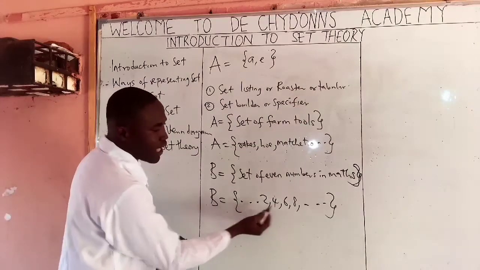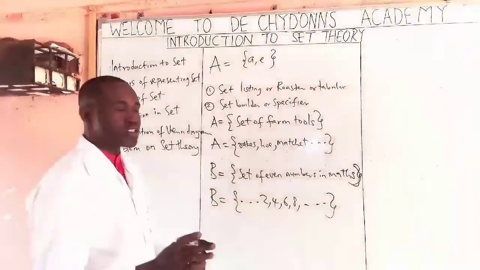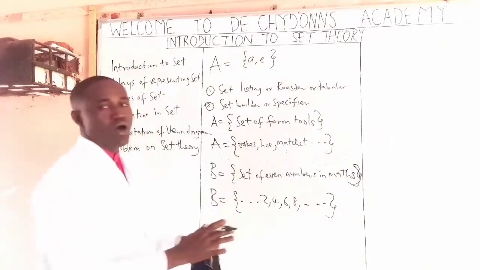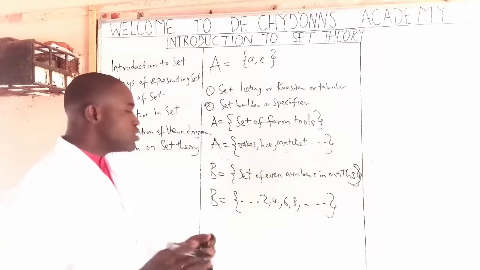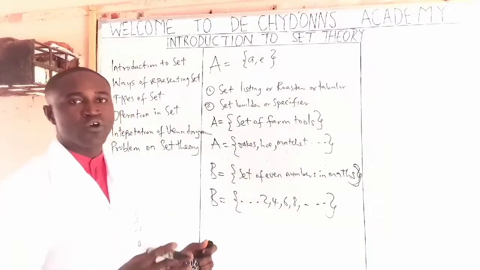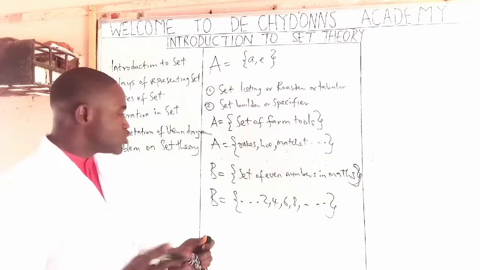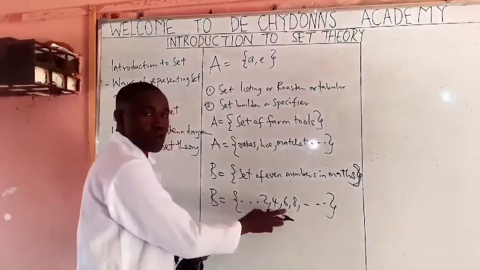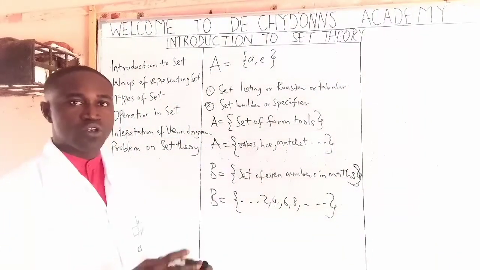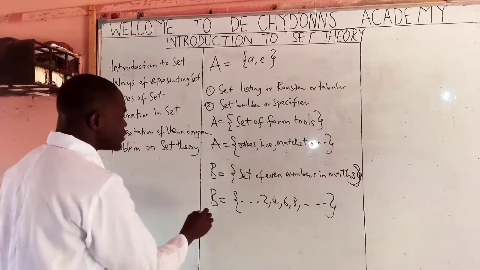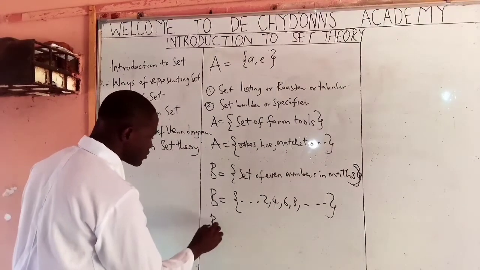The reason you see this dot I put is because the set of even numbers does not have a start or an end, because the numbers we have do not have an end. So we don't know where it starts, we don't know where it ends, but we know the elements that make up even numbers.